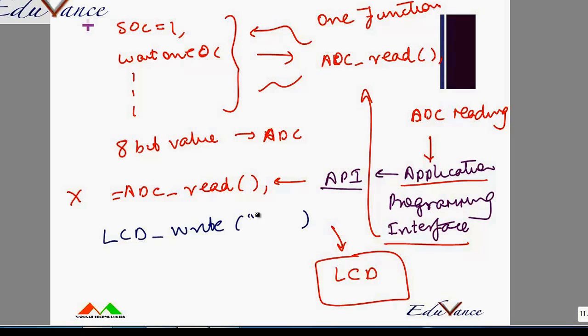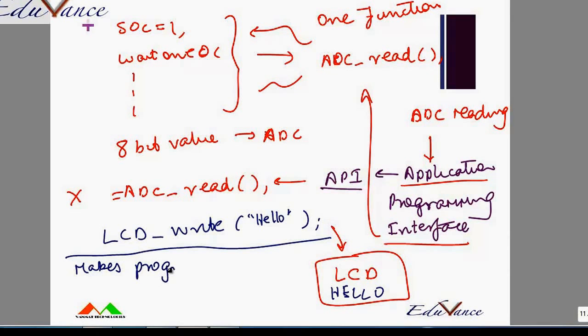So LCD underscore write hello, and then all you would have on the LCD is the term hello. So using APIs makes the program smaller and simpler to understand.